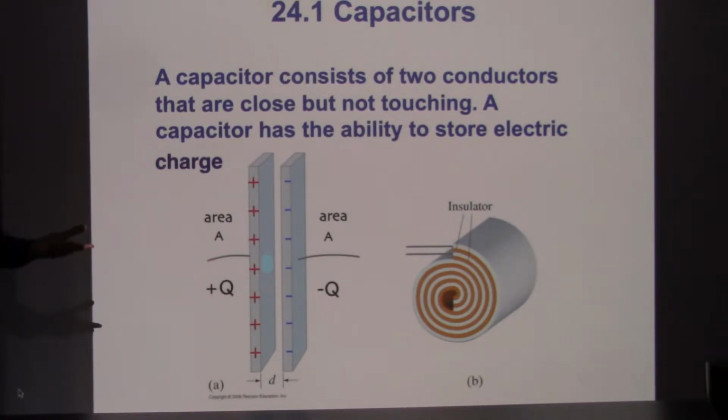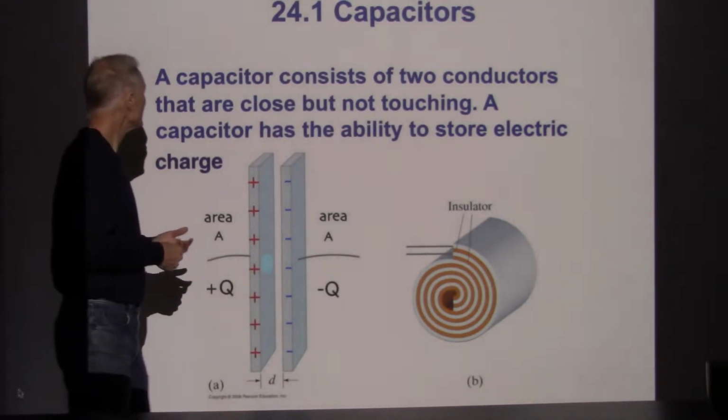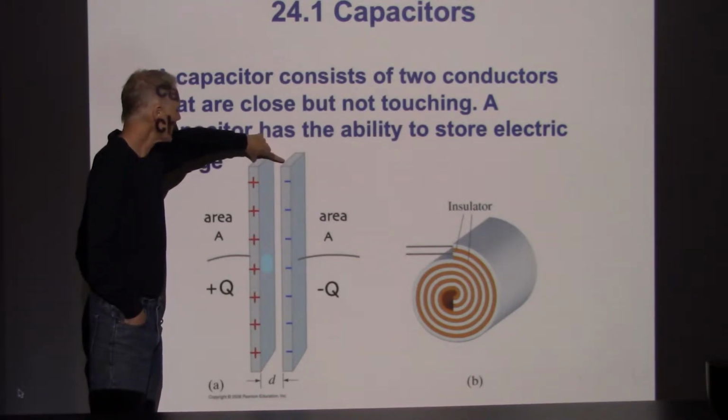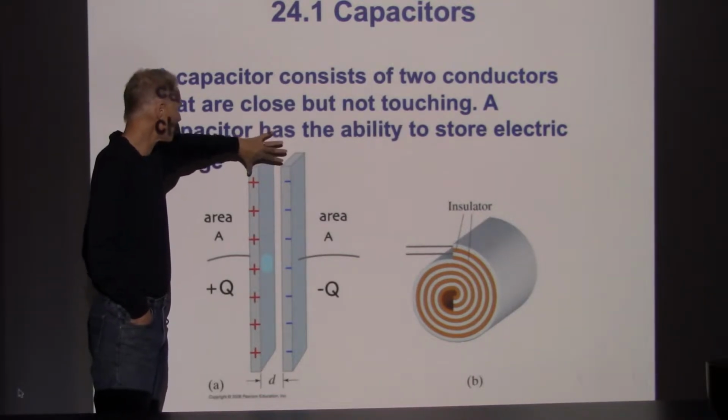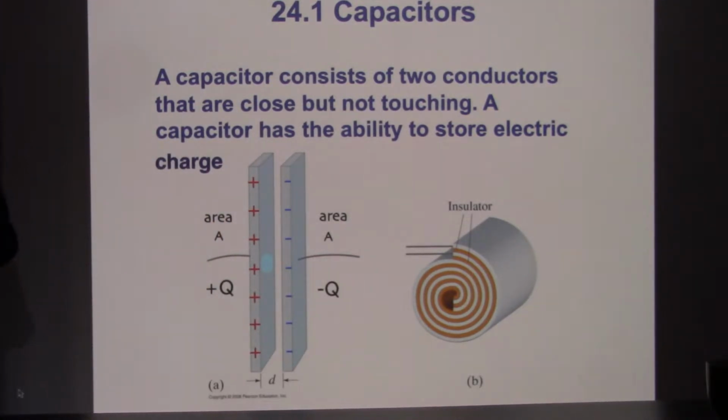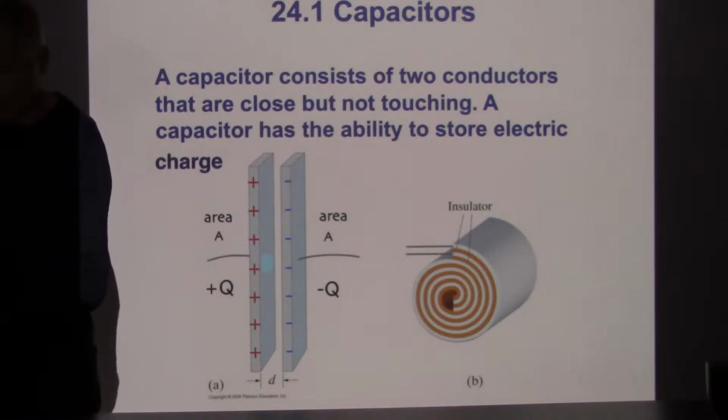Now, most capacitors are built so that at least to some extent you can reverse the charge. Some capacitors are designed to have the positive charge on one plate and the negative on the other, but for the most part, for our purposes, we're going to treat this as interchangeable.